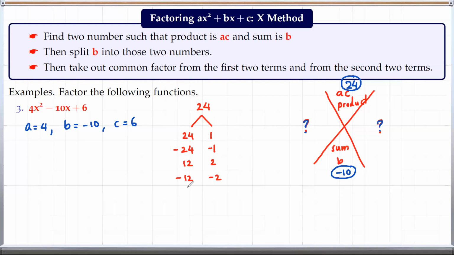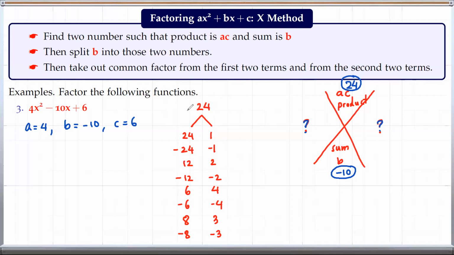The other one can be 6 times 4 or -6 times -4. I think I missed 8 and 3. Because 8 times 3 is also 24. Or -8 times -3. So these are all the possible pairs of numbers that have product 24.